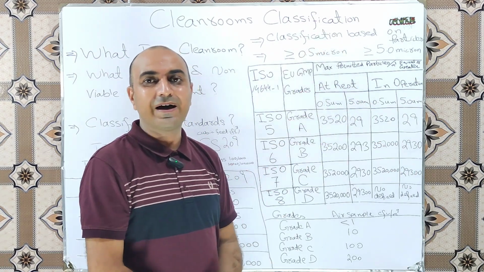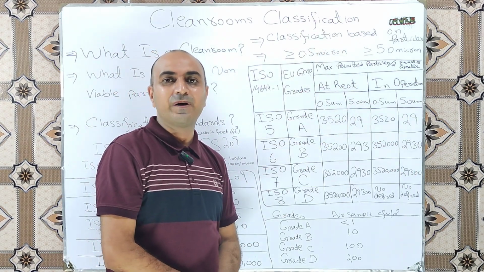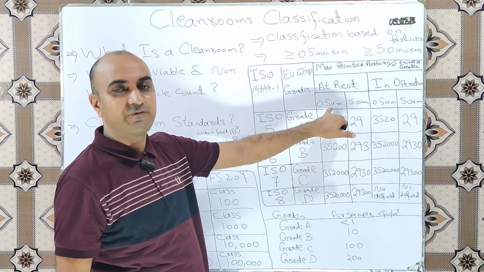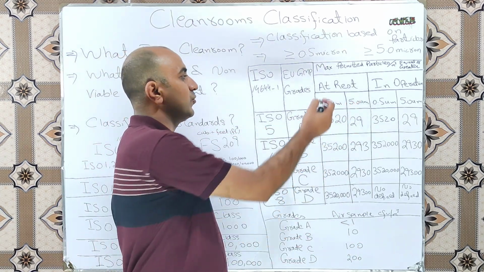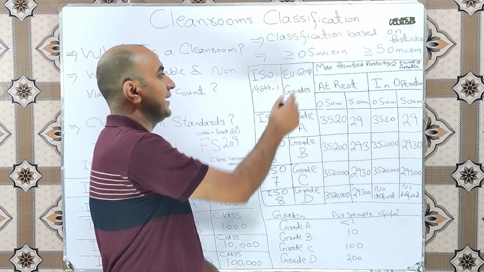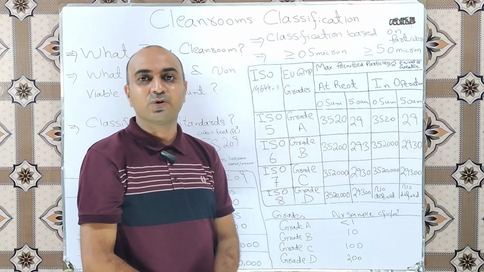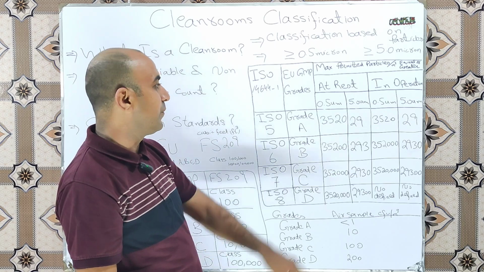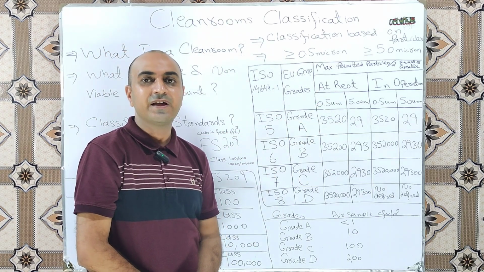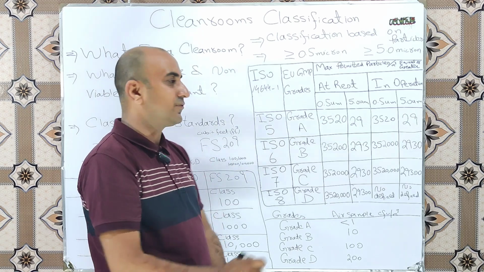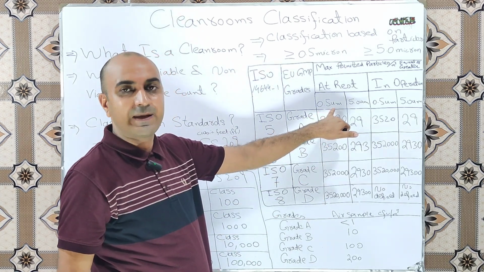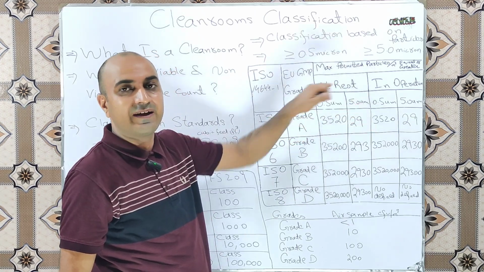This table will help us learn about the allowable limits of particles of size equal to or greater than 0.5 micron and 5 micron at rest and in operation as per ISO standards and EU GMP standards. First we will discuss the allowable limits at rest.